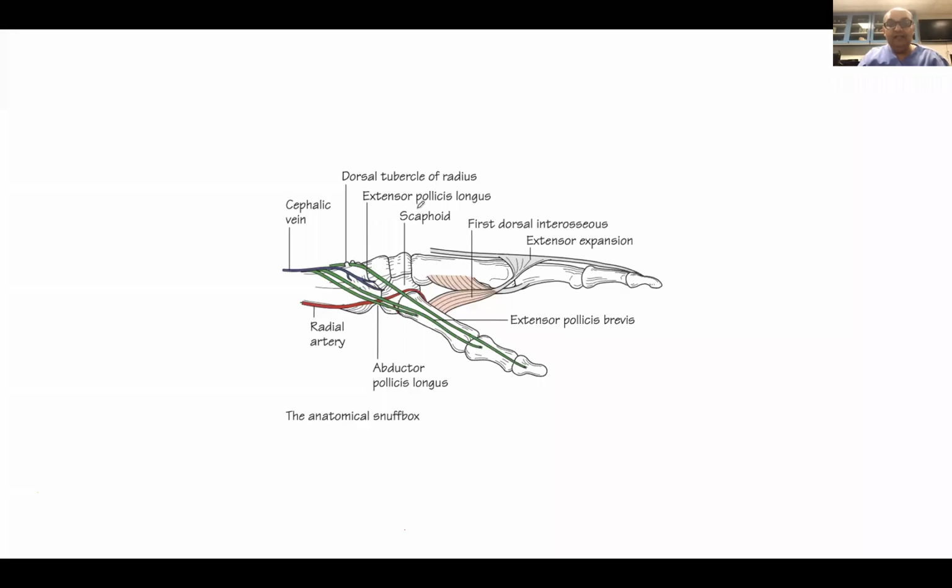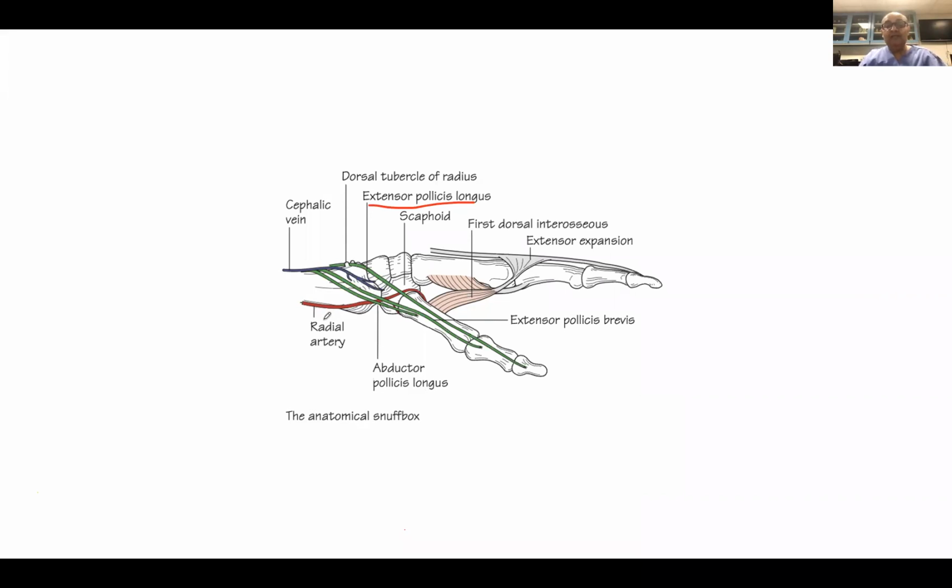The tendon of my extensor pollicis longus makes one wall, and the tendons of my abductor pollicis longus and brevis make the other wall. So these are the boundaries. Then the floor: you can see the bones, styloid process, scaphoid, trapezium, they all contribute to the floor. Even this muscle is also coming here. And then the cephalic vein runs in the deep fascia.